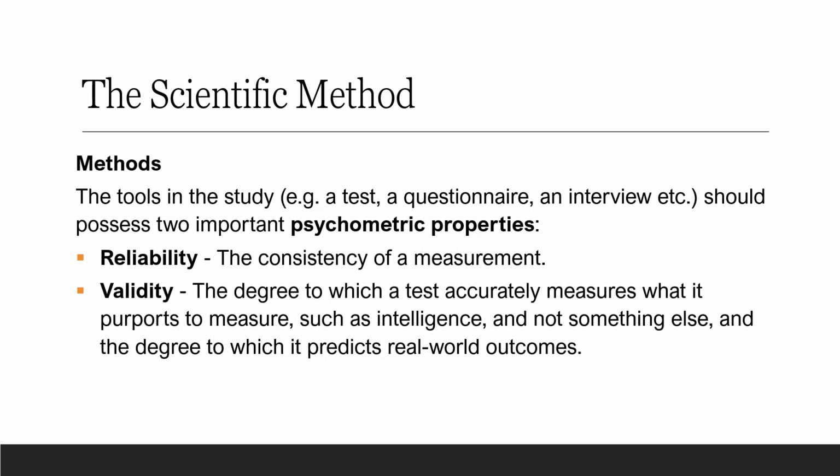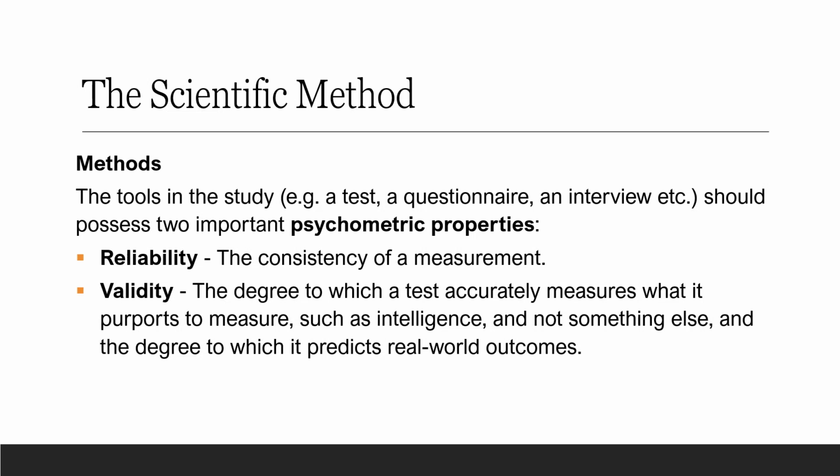What do I mean by that? A reliable test can be consistent, but there's a chance that it is not measuring what you really want to measure. Okay? Then, if that happens, the test is consistent, but it is consistently wrong. We do not want a test that is simply reliable. We also want a test that is valid.